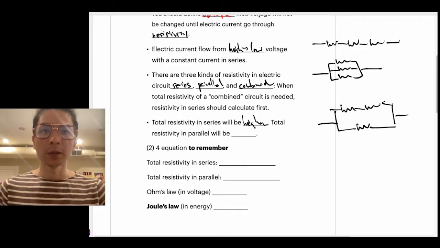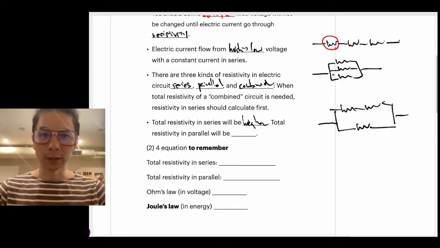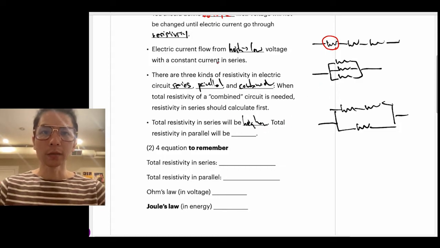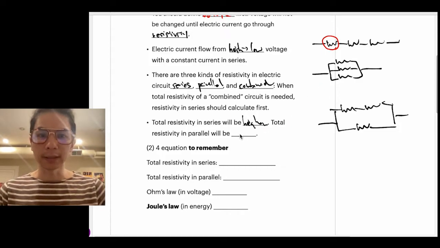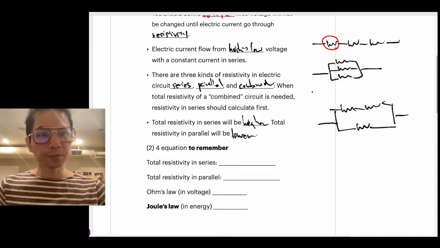The highest individual resistivity is always smaller than the total. For parallel resistivity, the total is the opposite: it's always lower than the smallest resistivity.